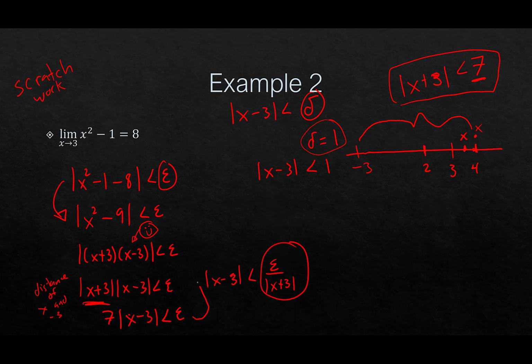And so, simplifying, we'll get |x - 3| is less than epsilon over 7. Okay. Boom.